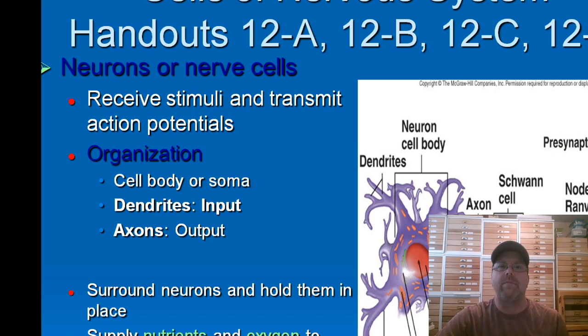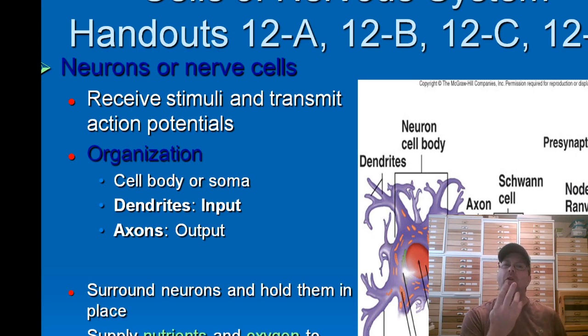So the tissues are made of cells, and these are very specialized cells. Nervous tissue is one of our 4 major types of tissue. I think I mentioned this with muscle back in chapter 10. Chapter 10 has muscle, and it's its own type of tissue. Well, so is nervous tissue.